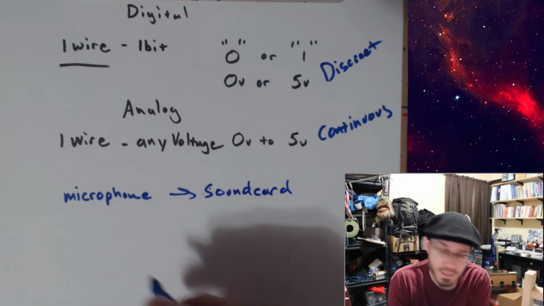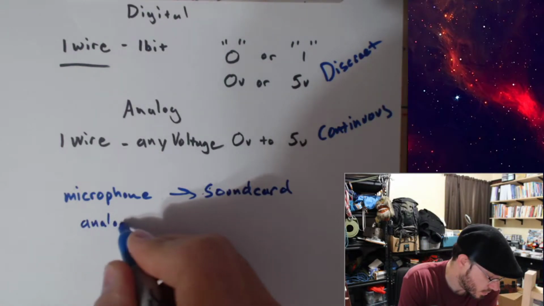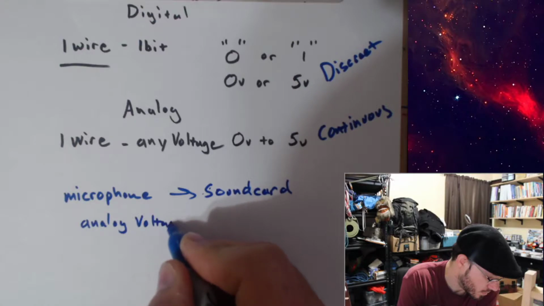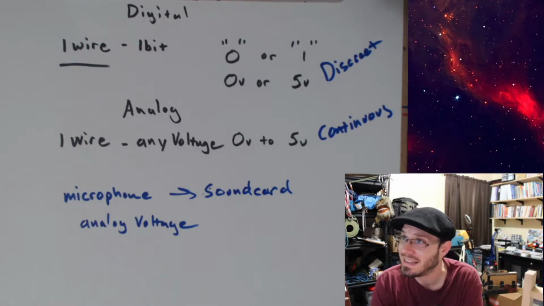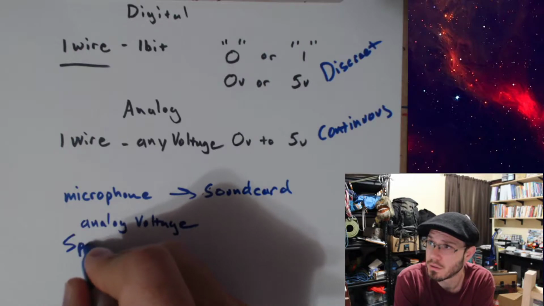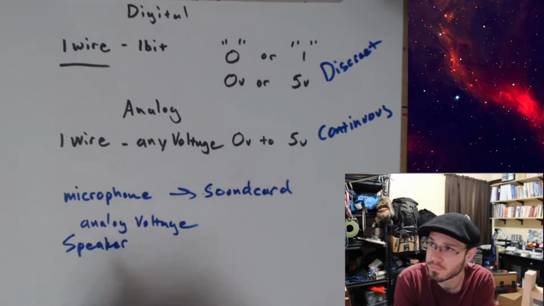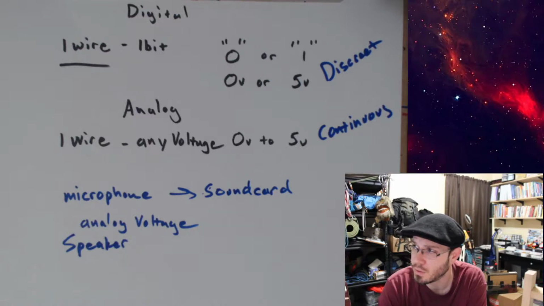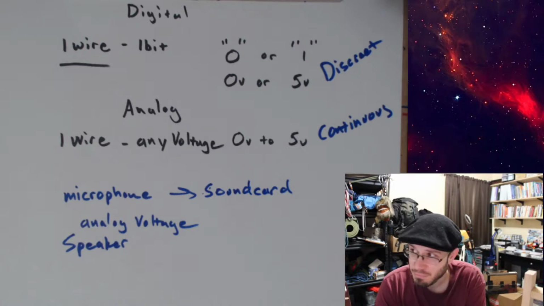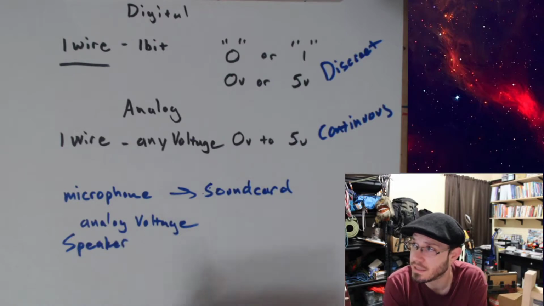It's going to be an analog voltage. And what about your speaker coming out of it? Again, it's an analog voltage. Your inputs, even though you're pushing on buttons and it eventually turns into digital, you're still dealing with an analog voltage. And practically every single input is going to be an analog voltage at some point.